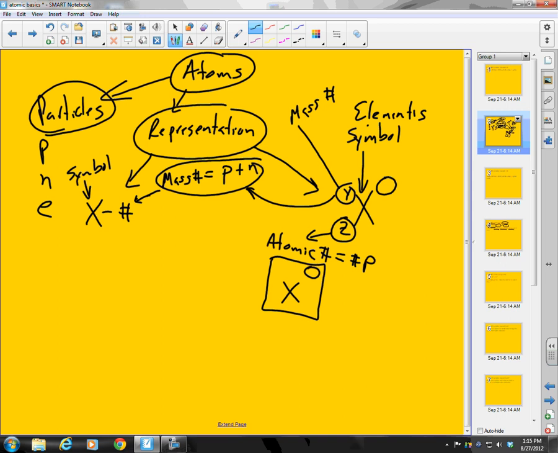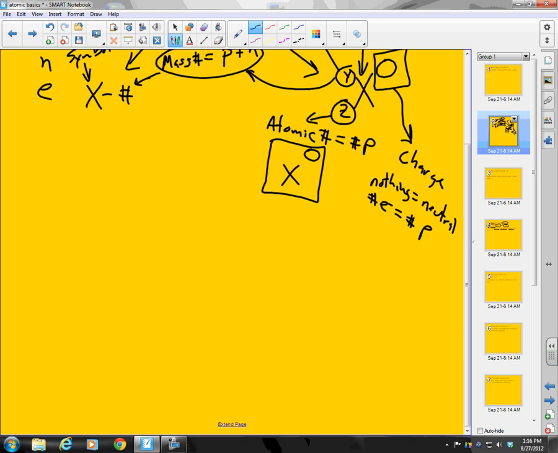Good. And then this area up here, what is that? This tells me the charge on the atom. If there is nothing written there, that means it is neutral, and if it is neutral, the number of electrons equals the number of protons. But let's extend the page here. What if my number up here is a positive number? Positive means it is not neutral, and protons are the positive things.